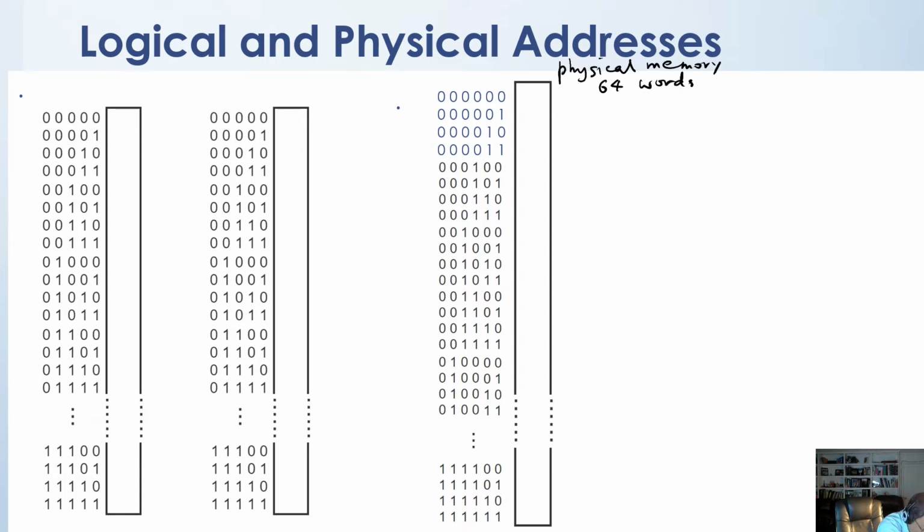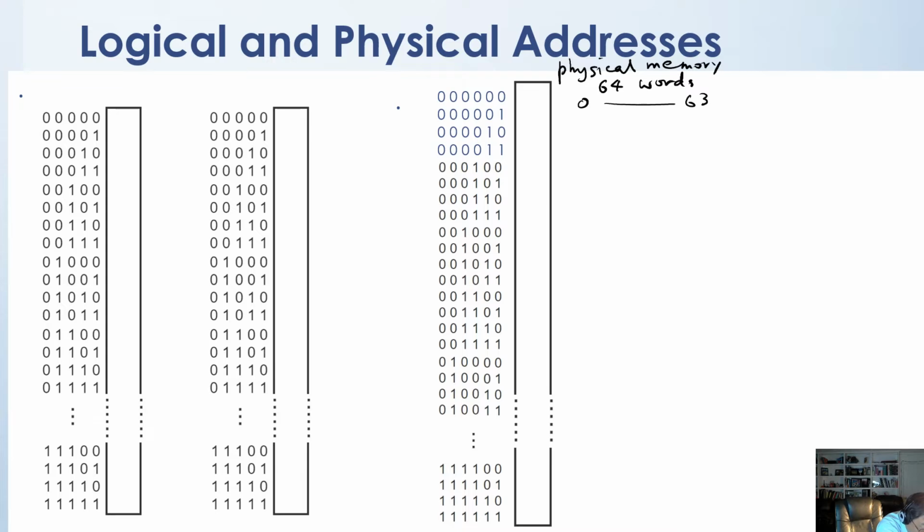So that means we need 64 physical addresses, and each address can represent the location of a word. The addresses start from 0 and go all the way to 63, right?